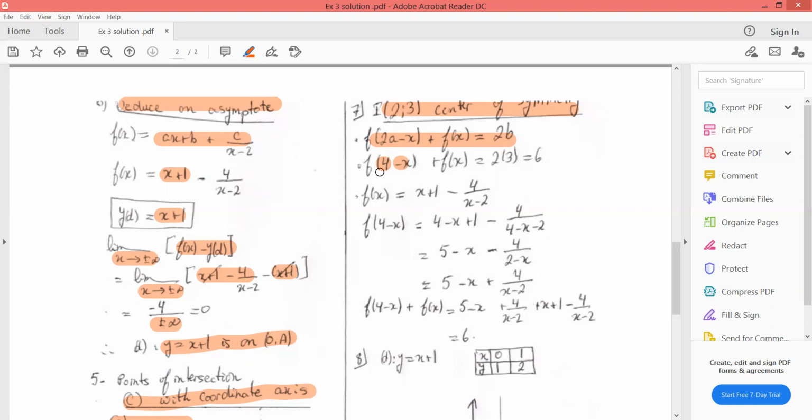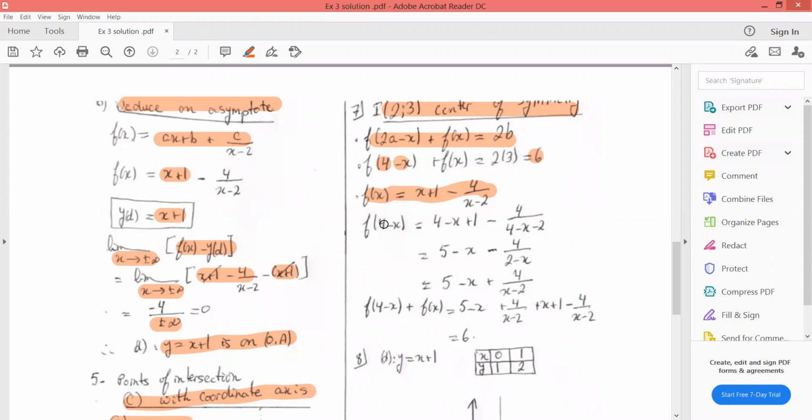We are going to verify this relation: f of (4 minus x) plus f(x) equals 6. f(x) is given. It is easier to take this form. It is better to take this form of f(x), not the given form. We can use the given form, but this one is easier.